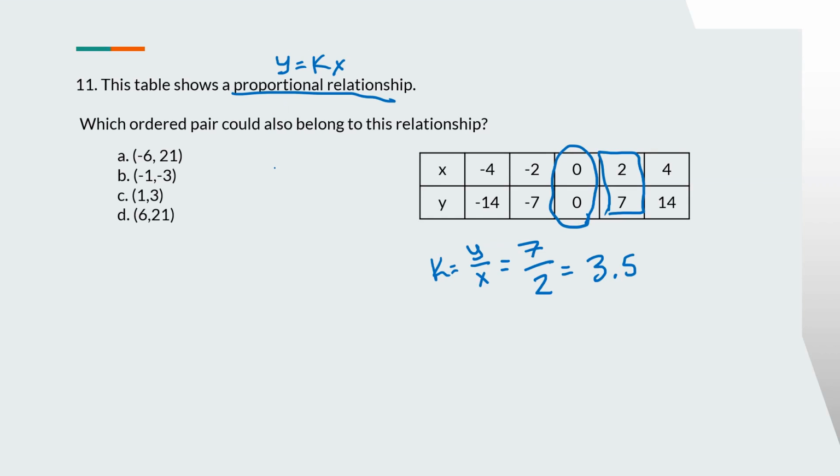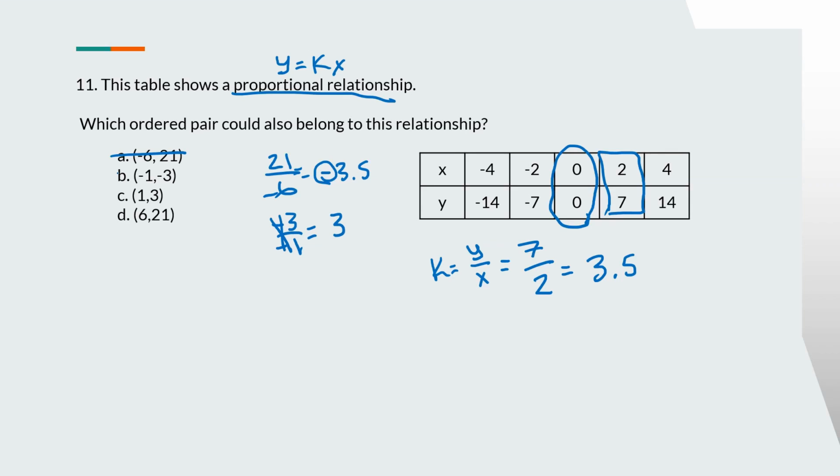Let's go over here. I got an x and a y, so 21 over negative 6. That gives me a negative 3.5, which I don't want, so it's gone. How about negative 1 and negative 3? Well, negative 3 over negative 1, because the 2 negatives cancel each other out, they become positive, and anything over 1 is itself, that's 3.